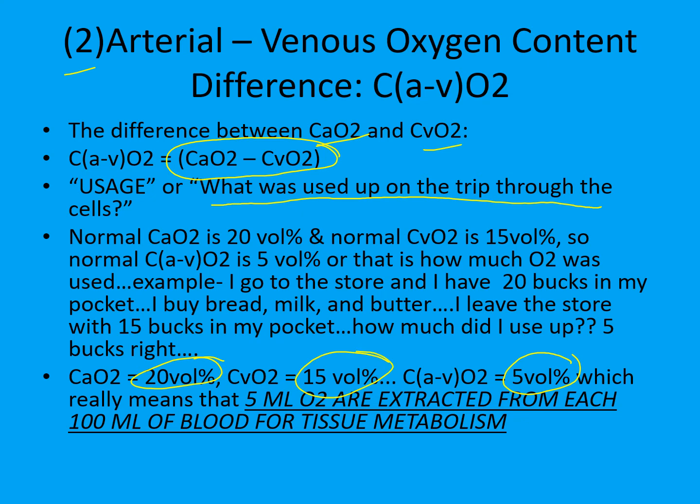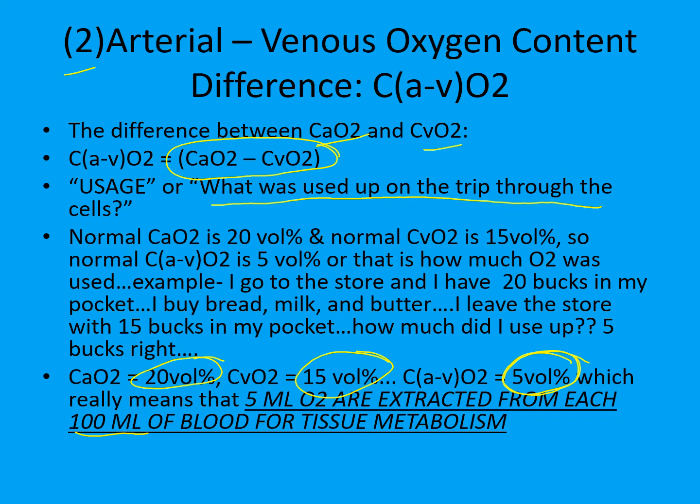So when we take 20 minus 15, the difference is 5 volumes percent. That means 5 mLs of oxygen are extracted from each 100 milliliter sample of blood that goes through the tissue for metabolism. That's all it's saying ultimately: how much is pulled away after the tissues have used it. So we're only using about 5 volumes percent, which is great.